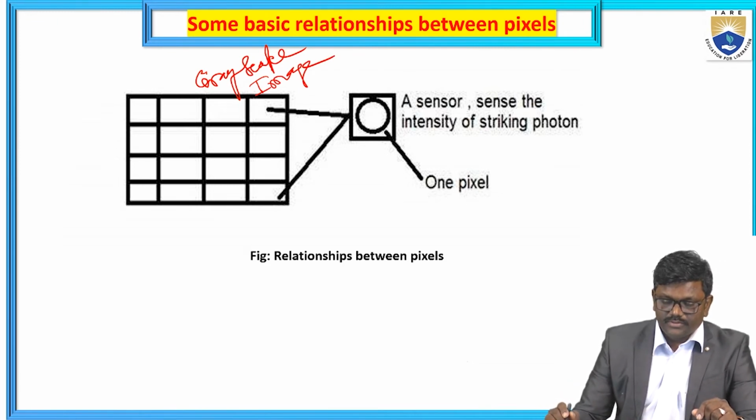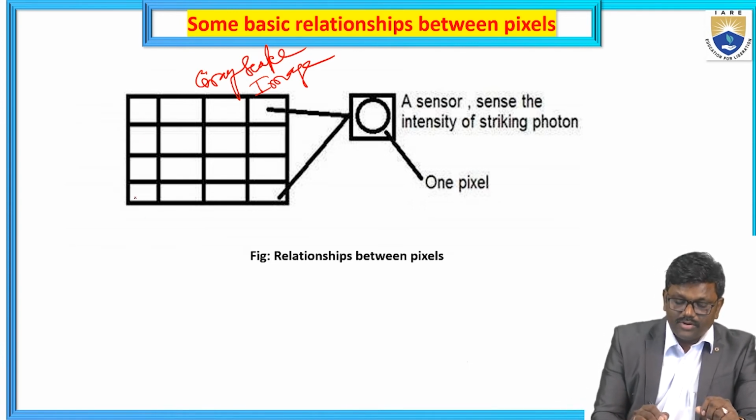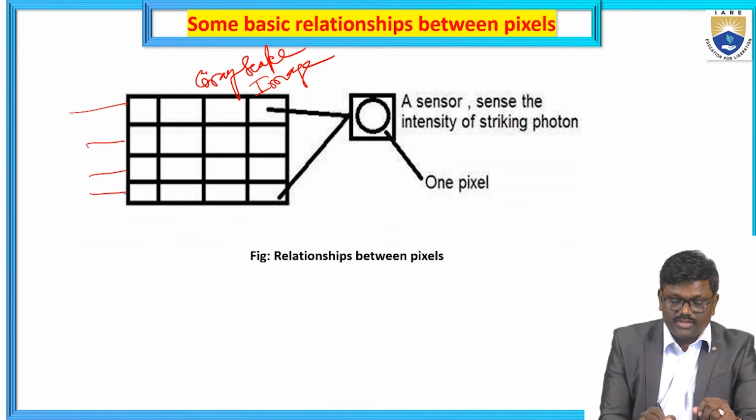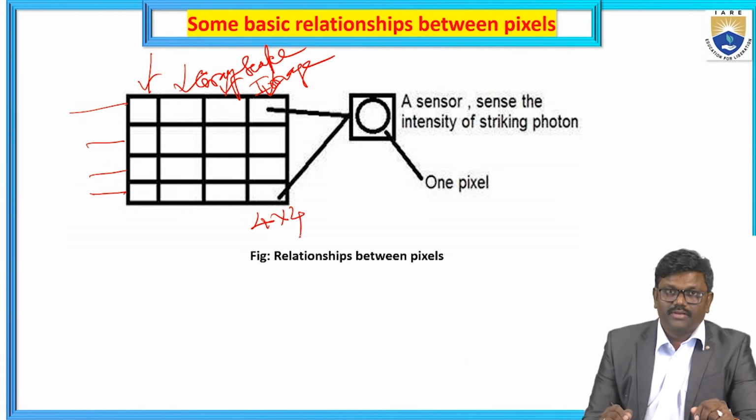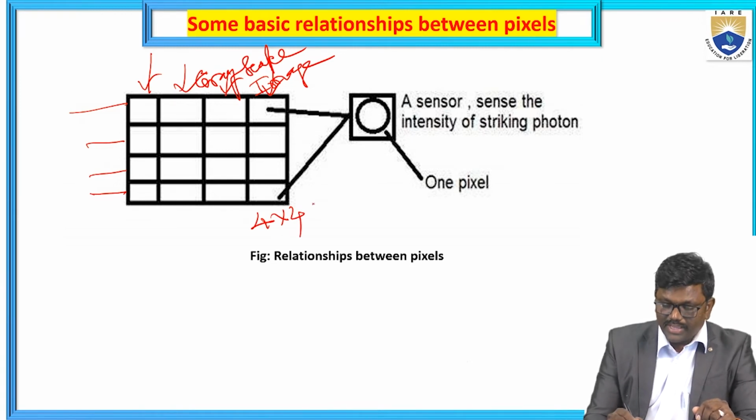How many rows and how many columns am I keeping? 1, 2, 3, 4 rows. How many columns? 1, 2, 3, 4 columns. So it is a 4 by 4 matrix. What is this matrix? Simply, I can say it is a grayscale image.